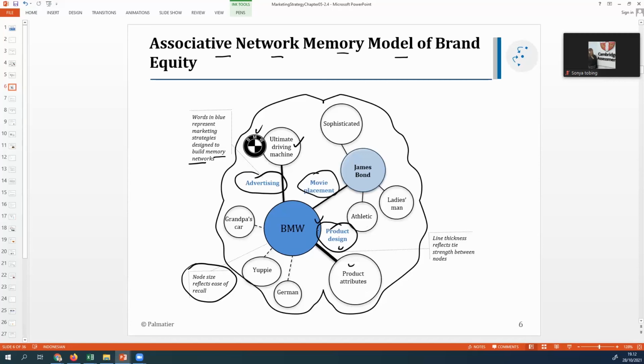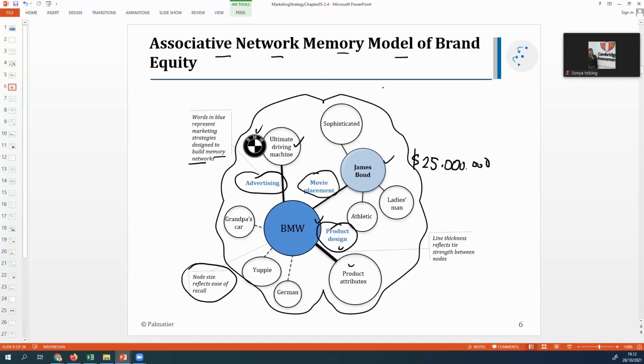And then they also have the idea of movie placement. So they put James Bond. They pay around 25 million US dollars just to make sure that James Bond drives the latest edition of BMW. Why do they choose James Bond?